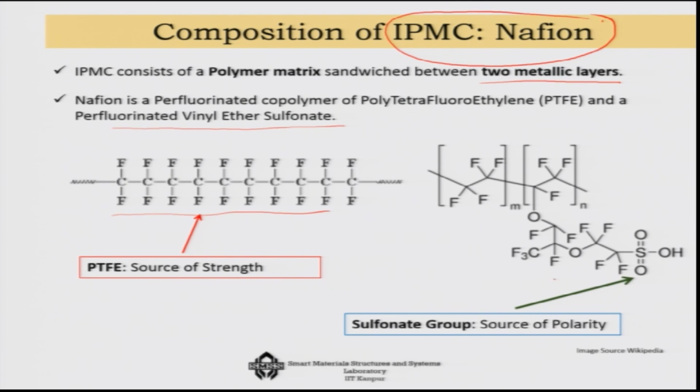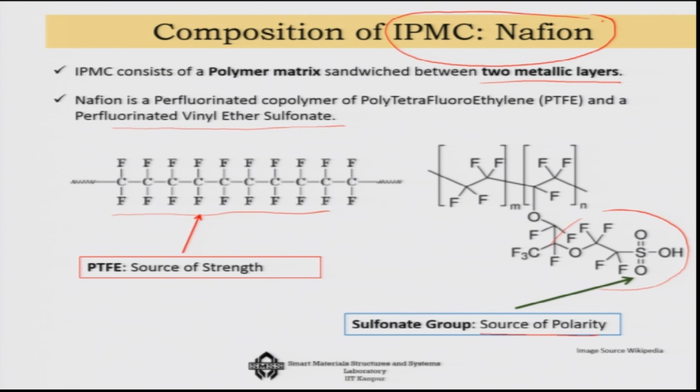You can see that this vinyl ether sulfonate part is the source of polarity in the system, the sulfonate group. So, you have a polymer which gives you high strength due to the presence of this perfluorinated system.